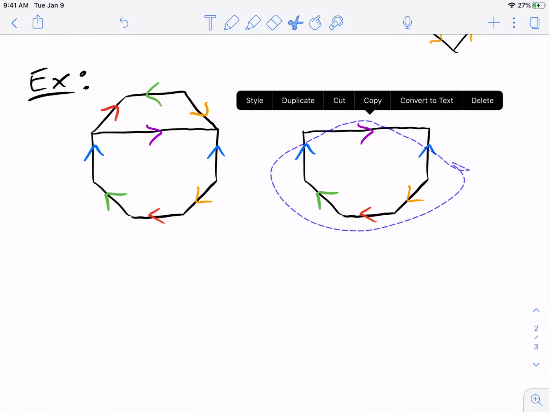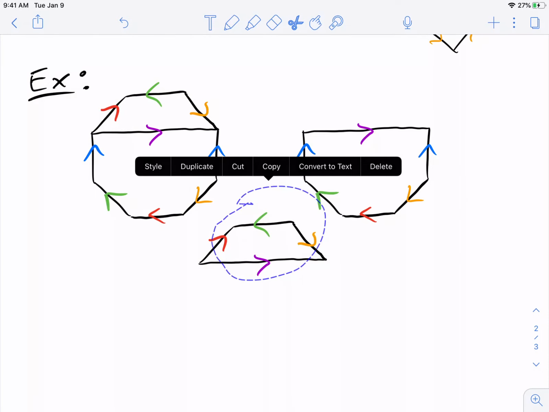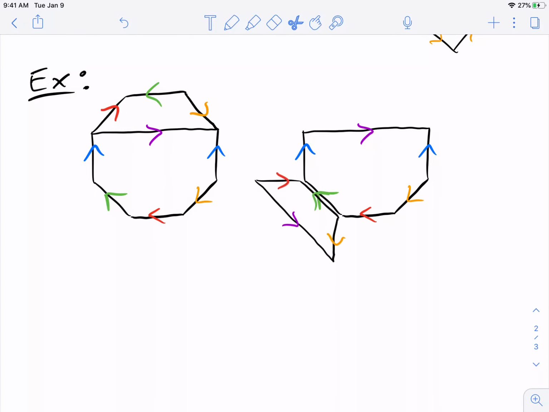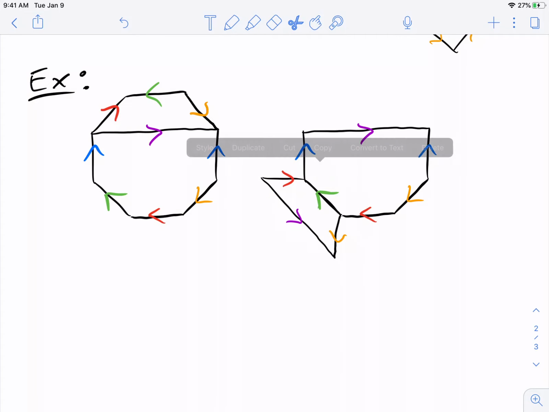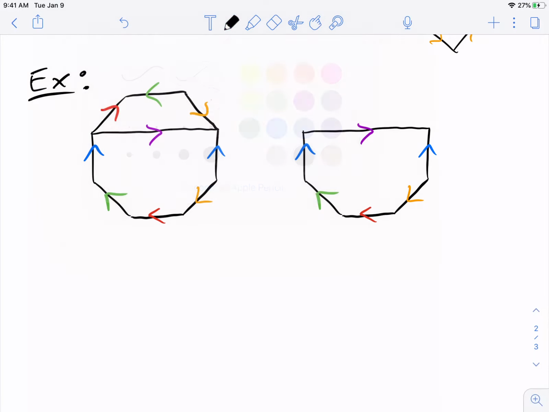And so let's see if I can do this. Okay, so it looks like that. After I'm done, oops. Okay. Sorry. I guess I have to redo this. So let me move it back. There we go. So these are equal.